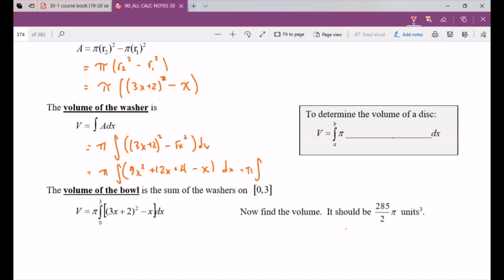By the end, this ends up being equal to pi times the integral of 9x squared plus 11x plus 4 dx.